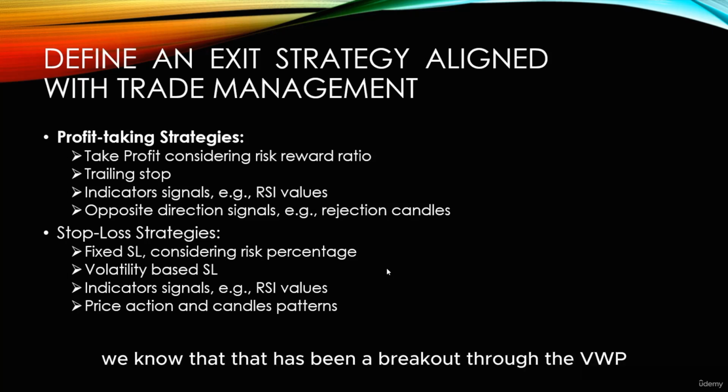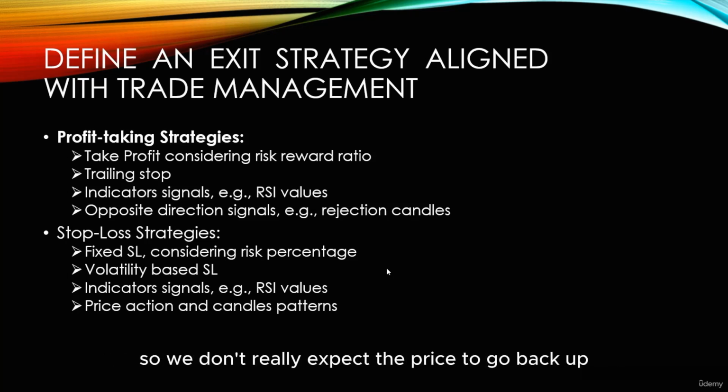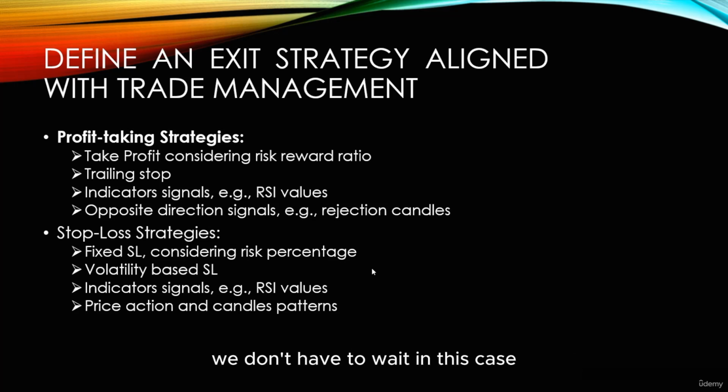We know that there has been a breakout through the VWAP, so we don't really expect the price to go back up. We don't have to wait in this case. We can just close the position, even though we have a small loss, and it's better than having a large loss. This is how we can manage our trades even after they are opened.